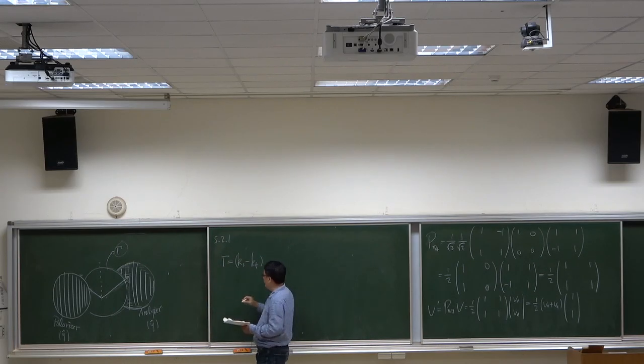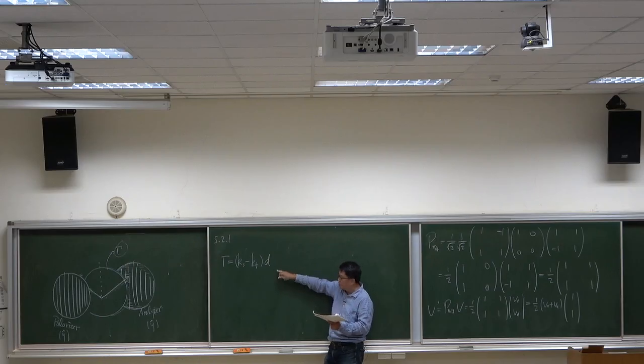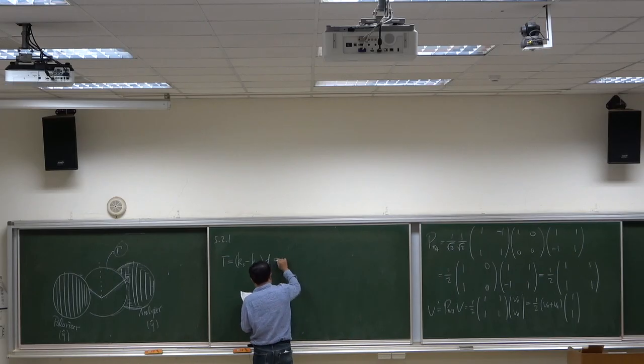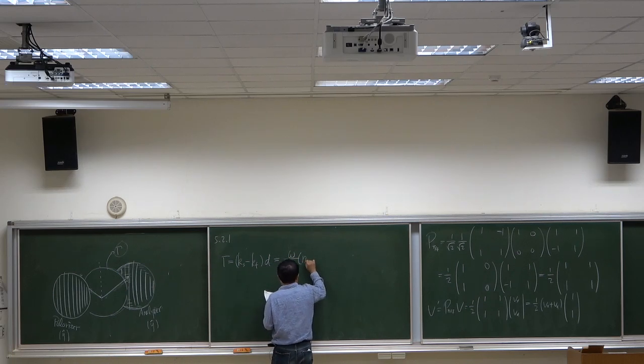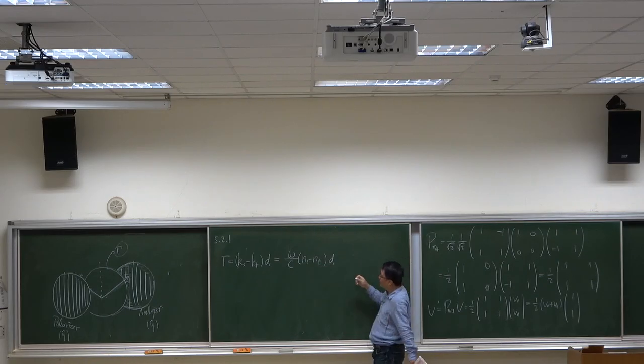Now the thickness is given as D. 刚刚我们都叫 L 嘛，这边叫做 D，没差啊，但这边给的例子就是叫做 D 啊。D is the thickness, and this is equal to omega over C times Ns minus Nf times D. And Ns over omega over C is the K naught in the vacuum. K naught is just the 2 pi over lambda.